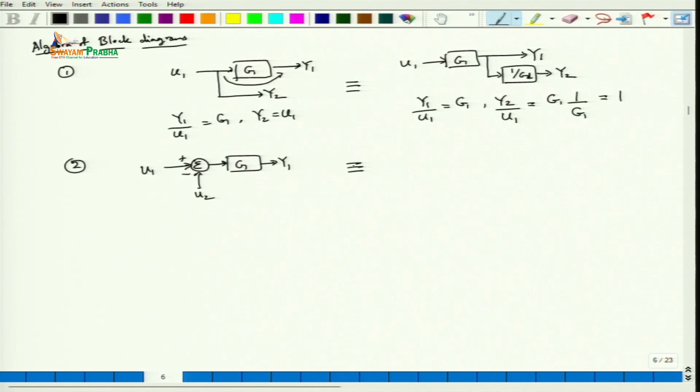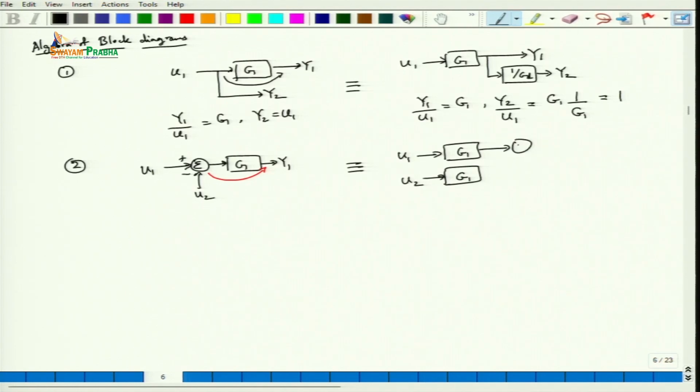So this can be equivalently represented as, say we want to move this summation from this point to this point, that is after G1. In that case, we'll take u1 multiplied by G1, similarly u2 again G1.